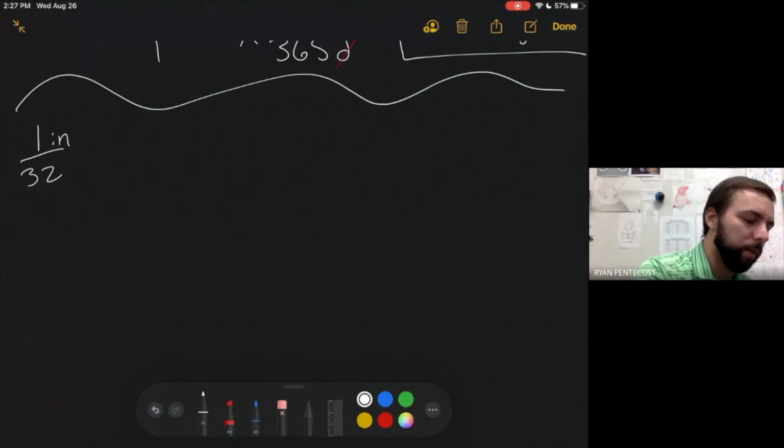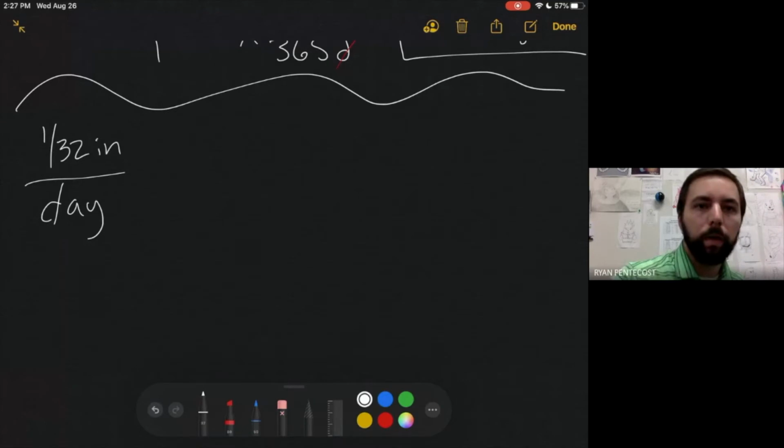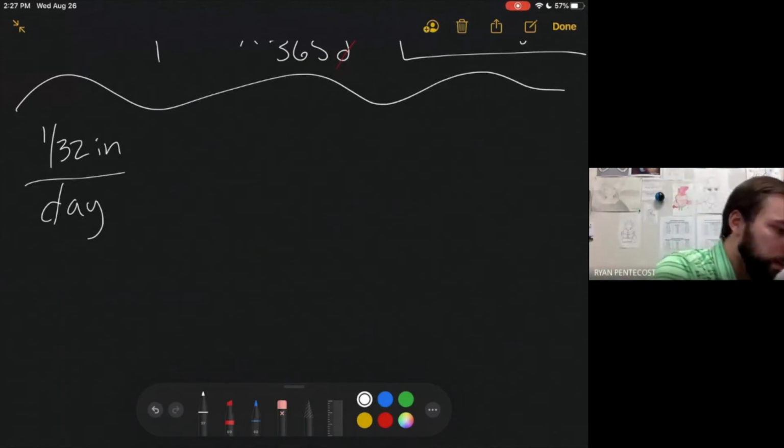There we go. 1/32 inches per day. And the question asked nanometers per second, right?